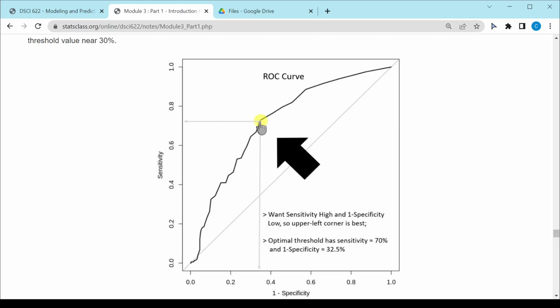If I use the threshold that was used to obtain this specificity and this sensitivity, I'm going to, in a sense, optimize my true positive rate and minimize my false positive rate. If I use this threshold, which we'll talk about in a minute, then my sensitivity is going to be about 0.7 or so, and my false positive rate will be at about 30%.